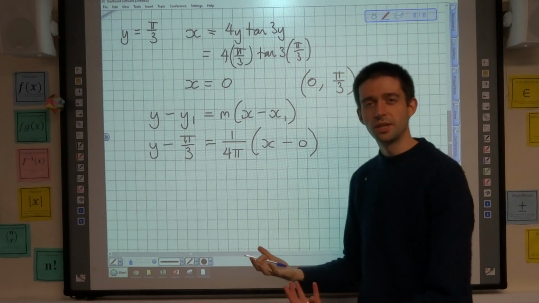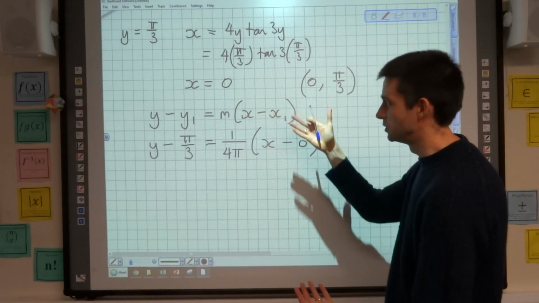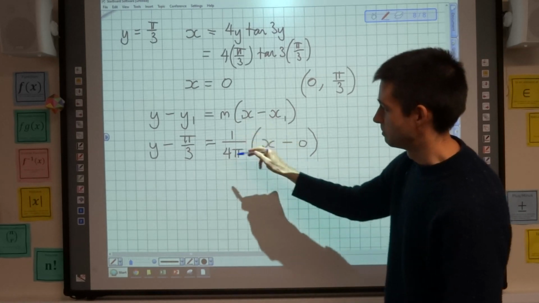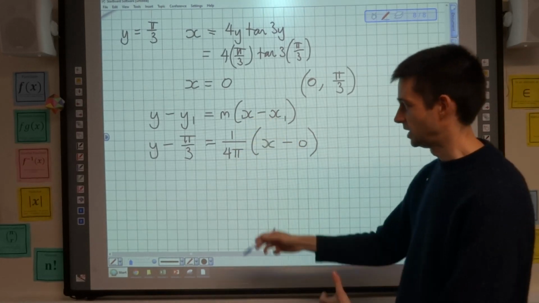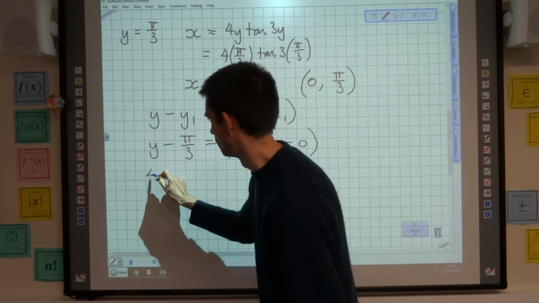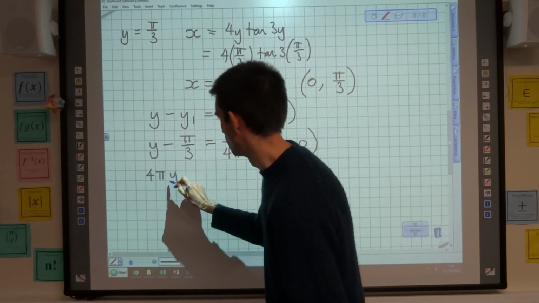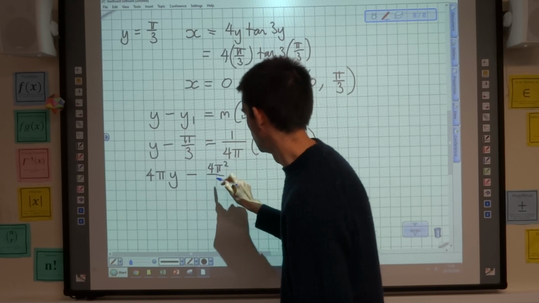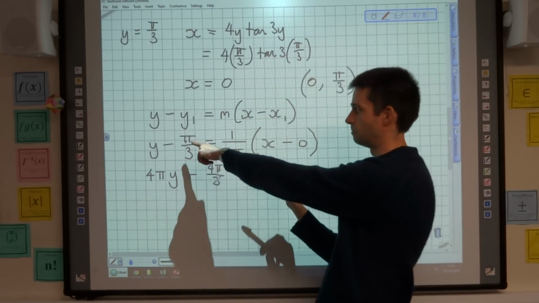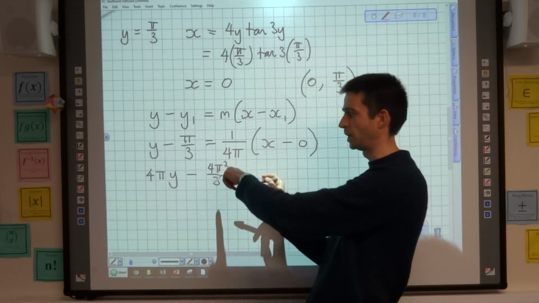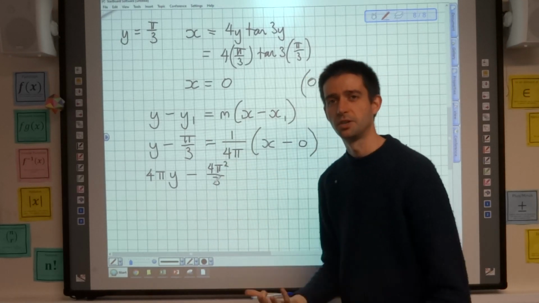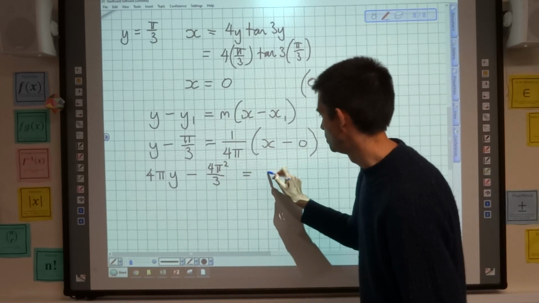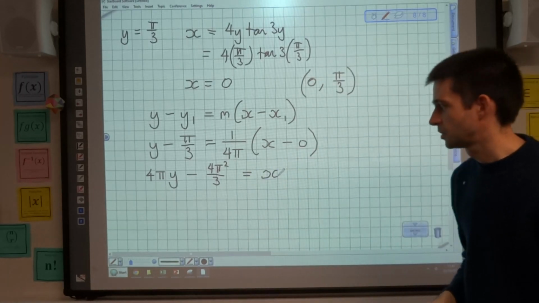Now this is the point where I always say to my students, this is why you must use this as the general equation of a straight line rather than y equals mx plus c, because it makes dealing with gradients like this much easier, because we can multiply through by 4 pi to get 4 pi y minus 4 pi squared over 3. Now that's important. When we multiply pi by 4 pi, we're going to get 4 pi squared. Pi squared is a number, but we're going to leave it in terms of pi. And that is just going to equal x.